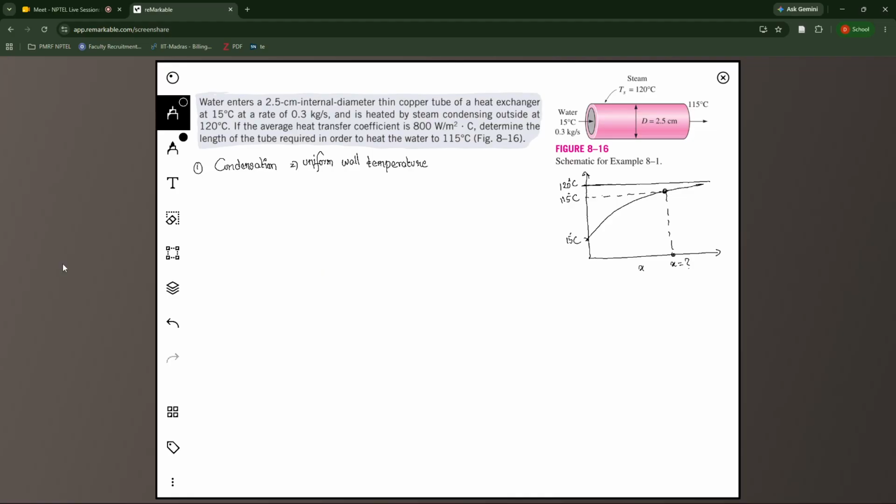Here they identified that 115 degrees Celsius is acceptable for them. So if I have to reach 115 degrees Celsius, what is the length of the tube that I need to have? First we can do a simple energy balance.